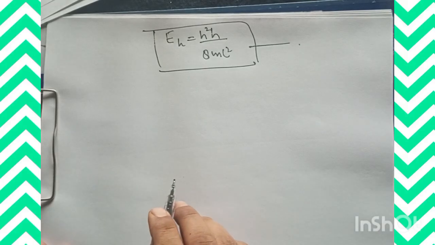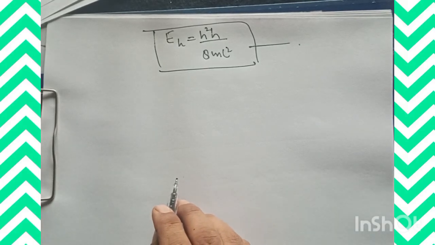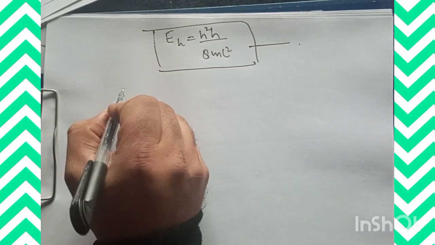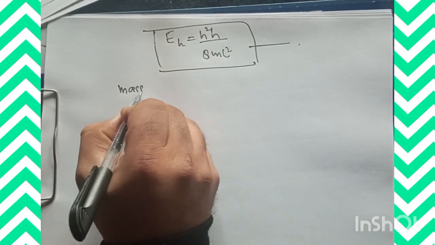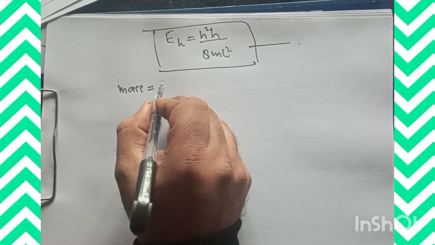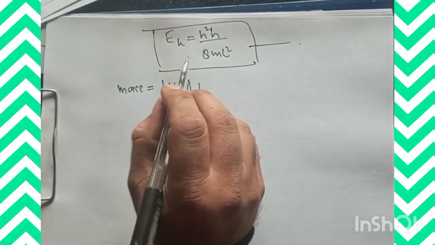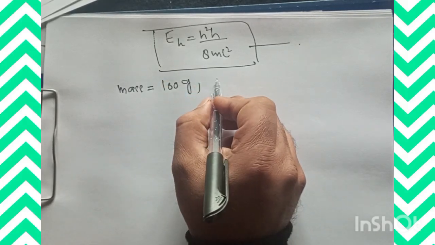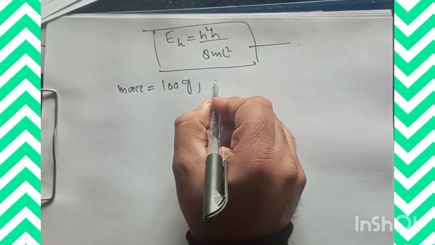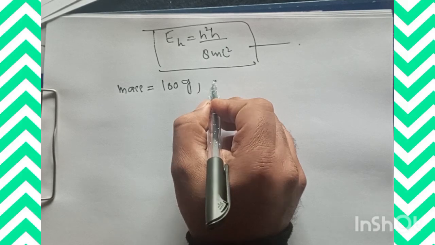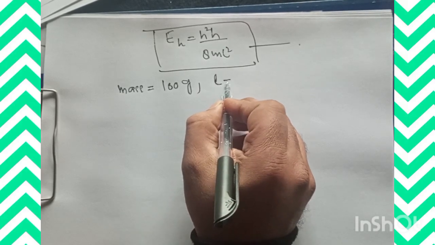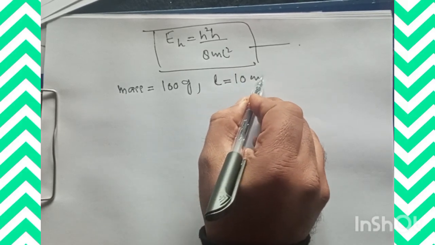Now I want to use this equation for a particle whose mass is, say, 100 grams, and this box has a dimension. It's a cubical box, say, and it has L equal to 10 centimeters.